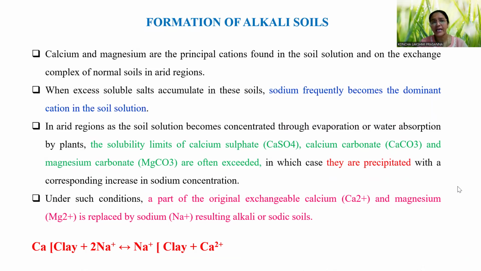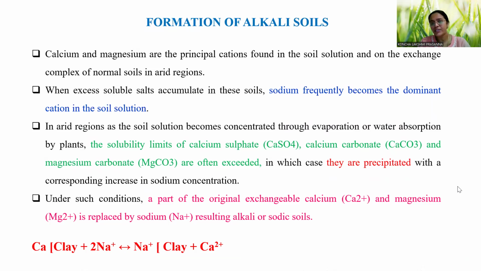So, calcium and magnesium are the dominant cations present in the soil solution and on the exchange complex of soils in arid and semi-arid conditions. When excess soluble salts occur in these soils, sodium becomes the dominant ion in the soil solution.